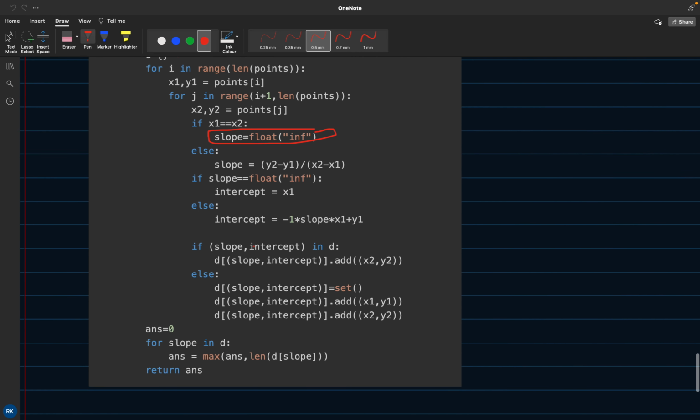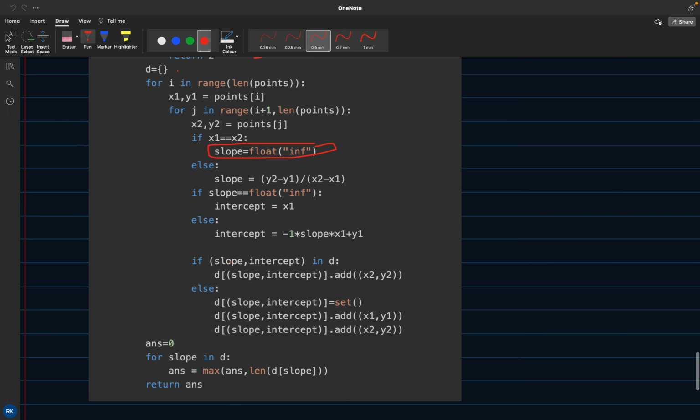And now in the dictionary I am putting these. So if this tuple of slope comma intercept is already present in my dictionary, then I am adding to the set of points x2 comma y2. Otherwise I am making a new set for this tuple and adding these 2 points in that.